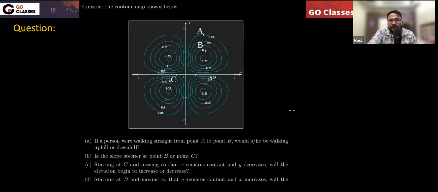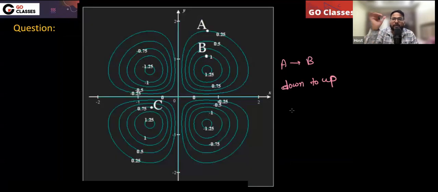Is the slope steeper at point B? I mean, if you compare B and C, which one has the steeper slope? Here it seems to be a little more congested, right?